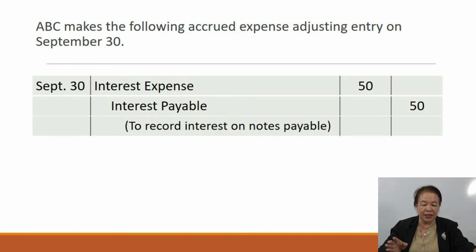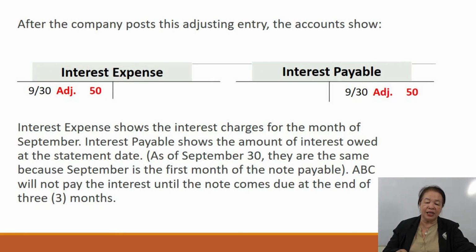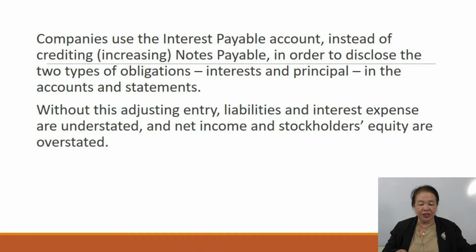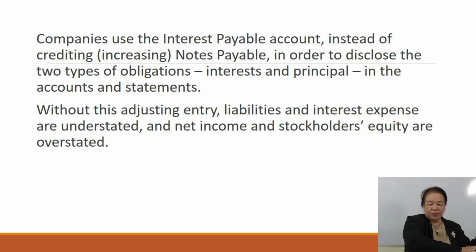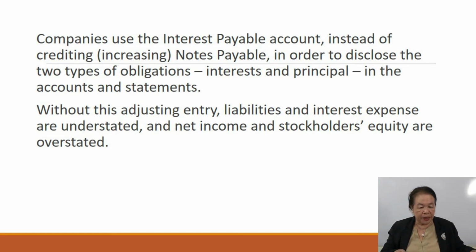So we increased both of them. We increased the expense, and we also increased the liability account by 50, because it is accrued and not yet paid. When we post to the journal, you debit 50 interest expense and also credit 50 in our ledger. We will show that later. Companies use interest payable instead of crediting notes payable to disclose the two types of obligations, because there is interest and there is principal.